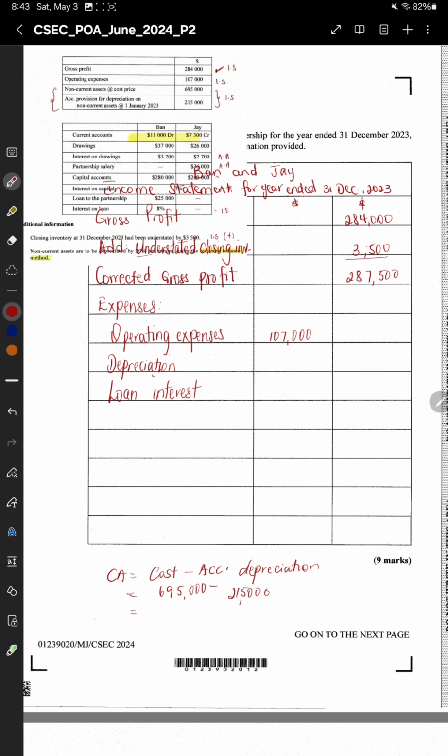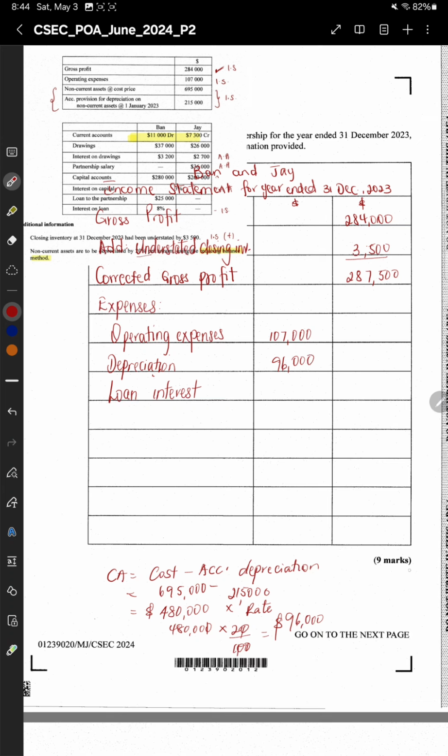This will give us $480,000. So this is not the depreciation, right? This is the carrying amount. So to find the depreciation, we have the carrying amount times the rate, and this is 480,000 times 20%, and this will give you $96,000. Right, so our depreciation is $96,000.